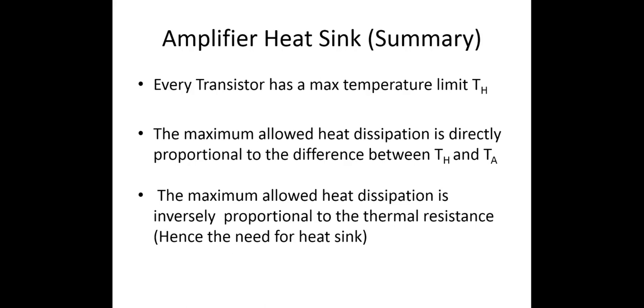So let's summarize our discussion on the amplifier heatsink. Every transistor has a maximum temperature limit given by TH. So the maximum allowed heat dissipation, and consequently the maximum allowed output and input power, are directly proportional to the difference between the maximum allowed junction temperature and the ambient environment.